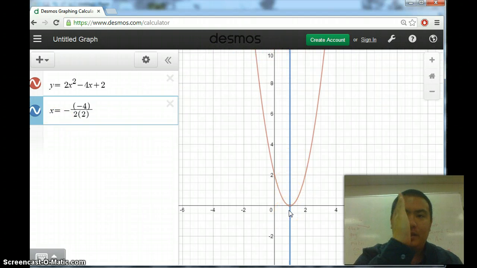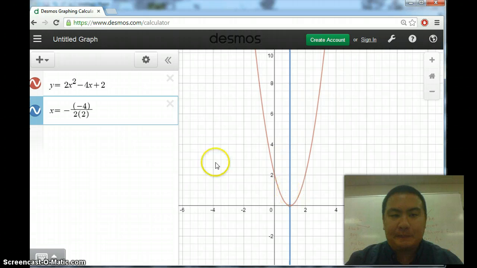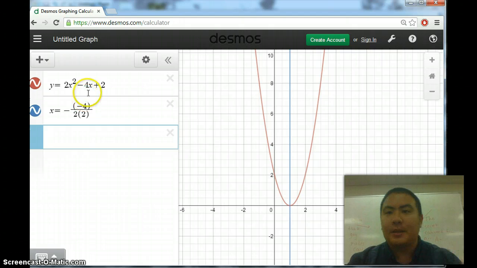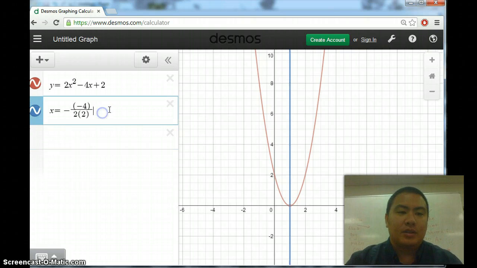It is the dividing line in between where the parabola folds over itself, right? It's a reflection. Now all you have to do is recognize that the vertex is right there, on this axis of symmetry. So to find the vertex, you just plug it back in. And that's something you guys should know, and we've been working on it, and we just gotta keep practicing it. So there's your axis of symmetry.